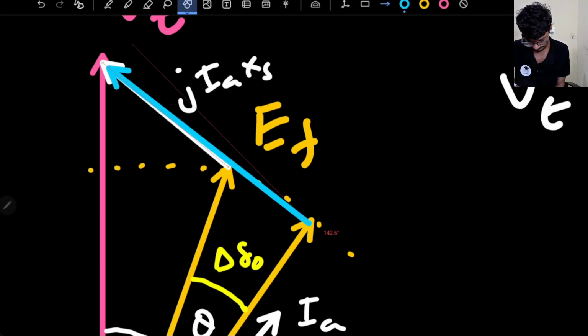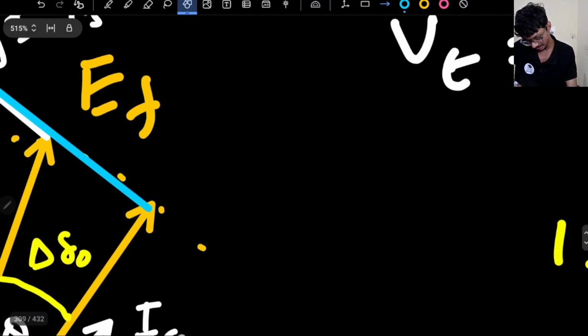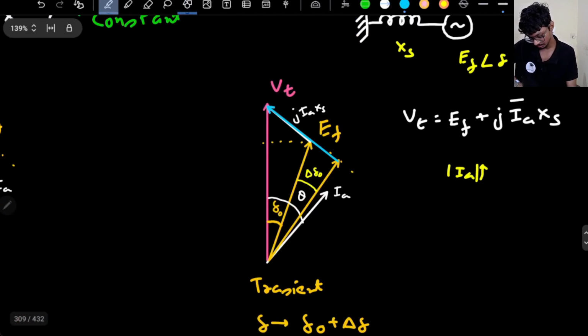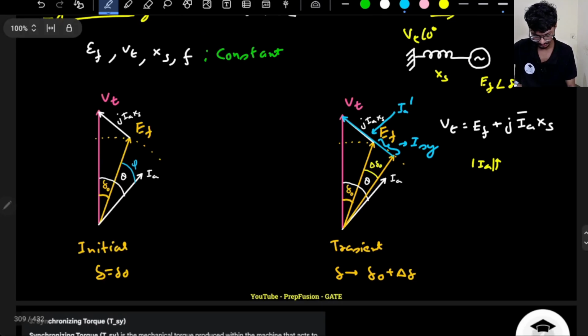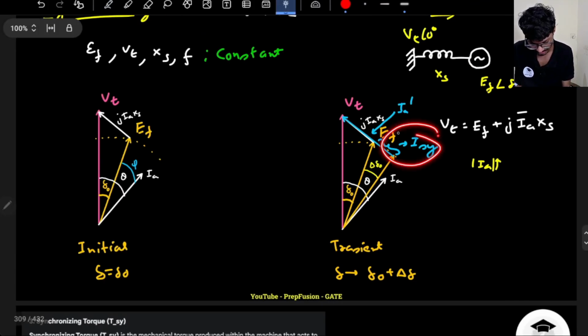That will be this line. Now IA has changed to IA dash, and this much is the additional current, that is the synchronizing current.